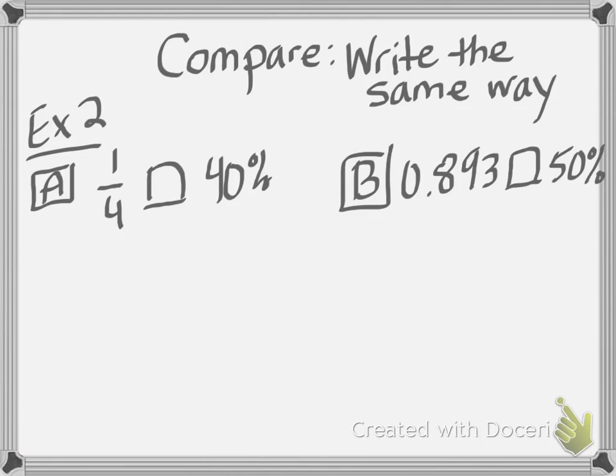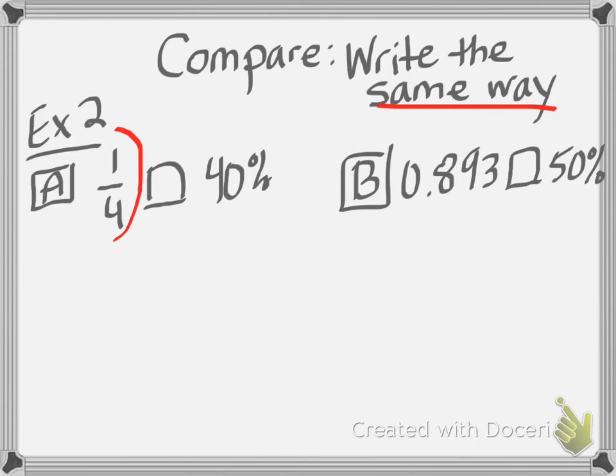In example 2, you have to compare the fractions and percents. So the strategy I like to use is to write them in the same way. Whatever way works for you. Change them both to percents, both to fractions, both to decimals. I personally like decimals.